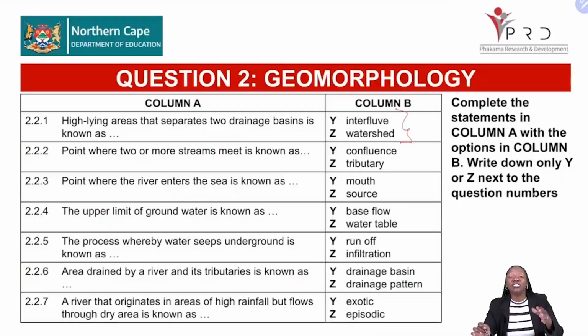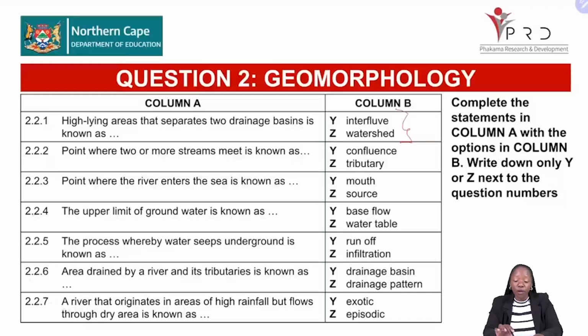Remember, I said it is important that you start by putting down your numbering so that you make sure you did not skip any and your numbering is in order. Your 2.2.1, 2.2.2, 2.2.3, 2.2.4, 2.2.5, 2.2.6 and 2.2.7.